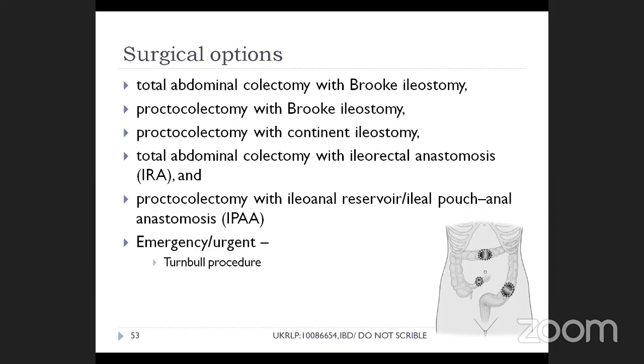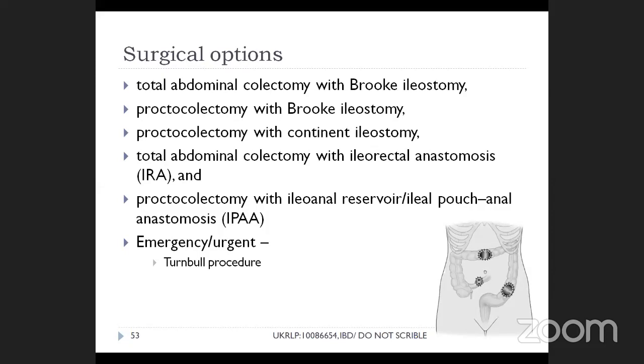Brooke ileostomy is a permanent ileostomy. Proctocolectomy is the best option because we remove both the rectum and the colon, so there is a decreased incidence of disease after the removal of the rectum.